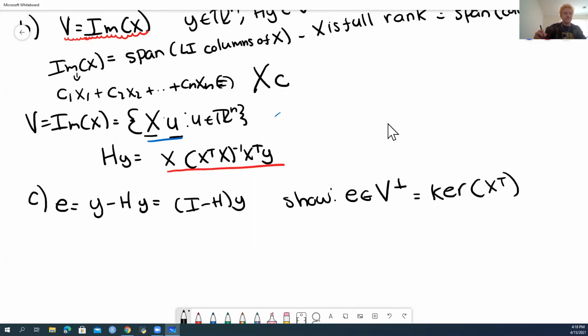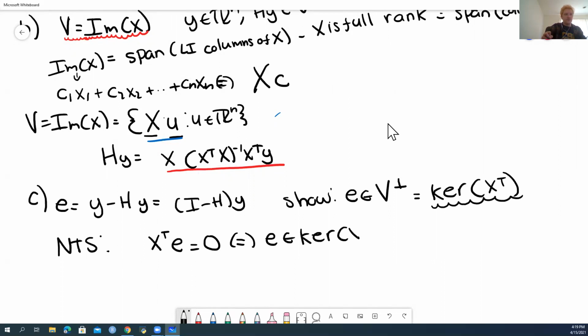So remember, if something is in the kernel of X transpose, we need to show that X transpose times E is equal to 0. That would be the same as saying that E is in the kernel of X transpose.